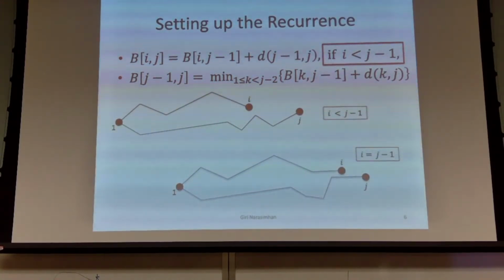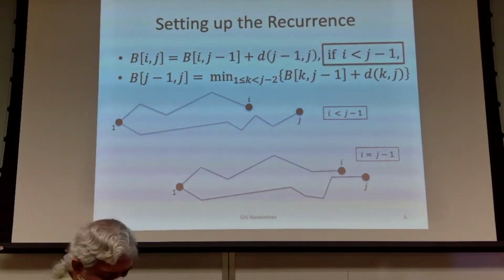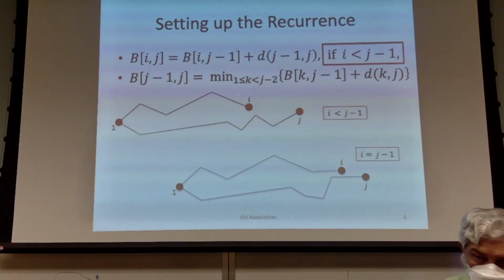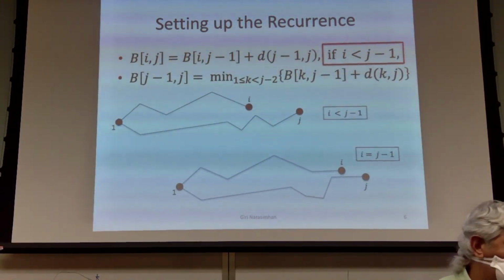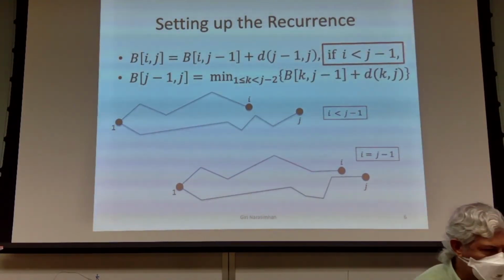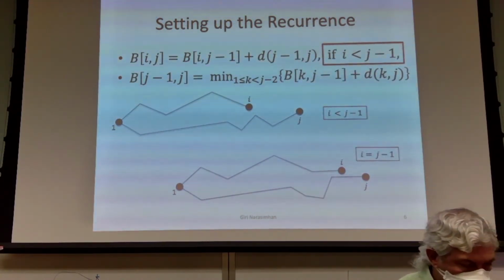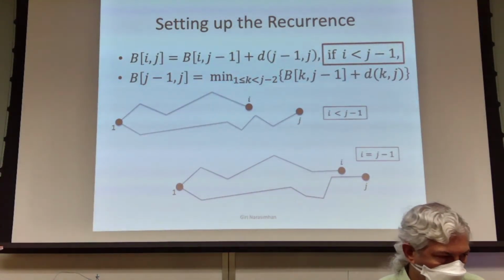So you can set this up as a recursive procedure. That's not difficult. But of course, the recursive procedure is going to be expensive. And so then you have to figure out how to turn it into a non-recursive one, or figure out how it never makes the same recursive calls over and over again.